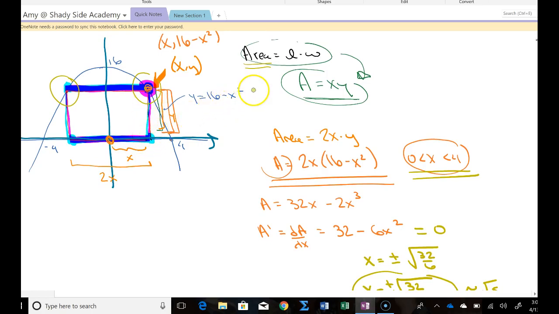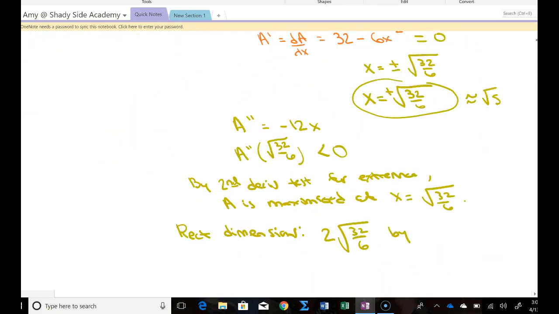It's 16 minus x squared. So 2 by 16 minus 32/6. Those are the dimensions of the rectangle with max area.